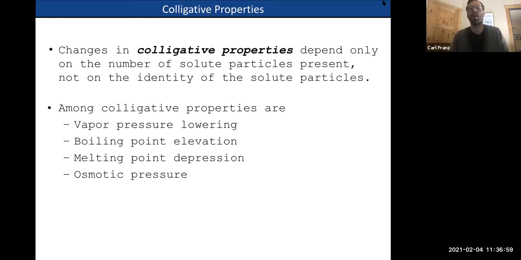Okay, so we're going to be talking about how solute and solvent relates to their amounts, the moles of them. And that is going to shape certain properties like lowering the vapor pressure of a solution, the boiling point, the melting point, and what's called the osmotic pressure.